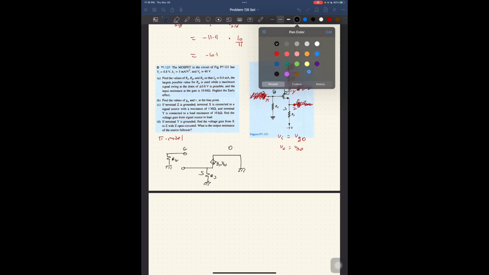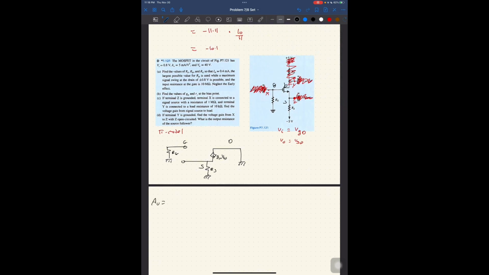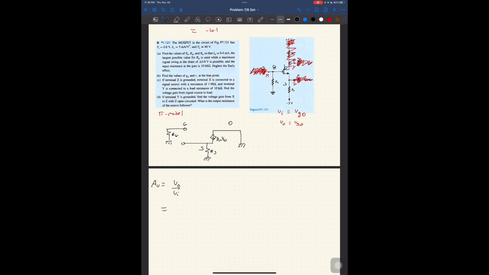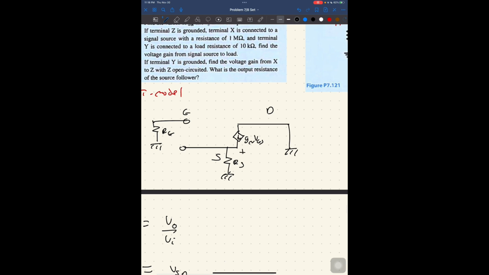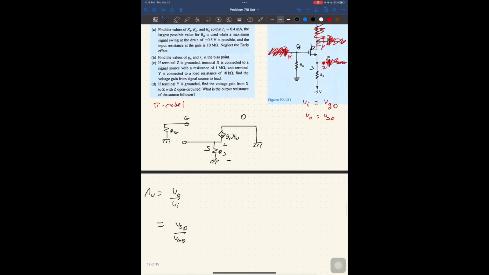Well, I just know here that AV is equal to VO over VI, such that my AV is equal to VSD with respect to VGD, right? Let's continue. VSD, D is nothing but the ground, so it's just VS, and VS is GM VGS RS, so I have VS equals GM VGS RS.